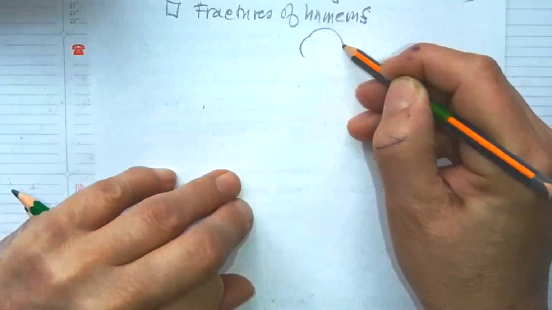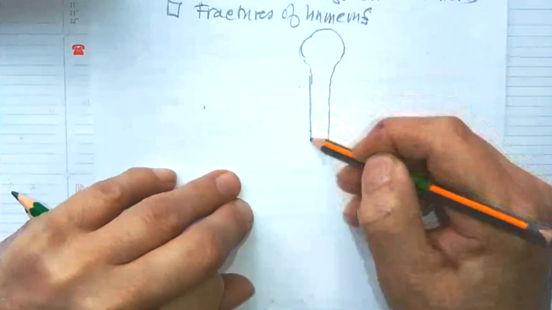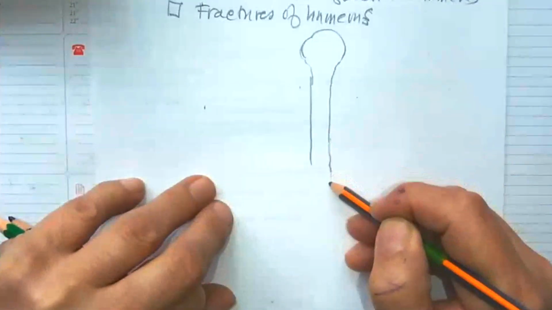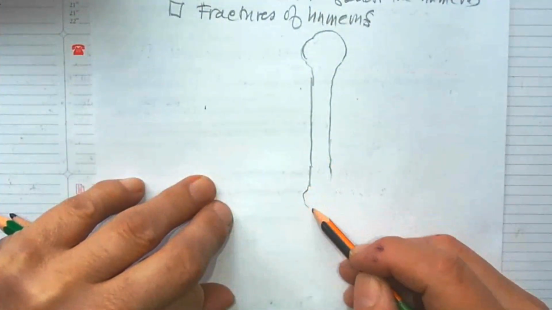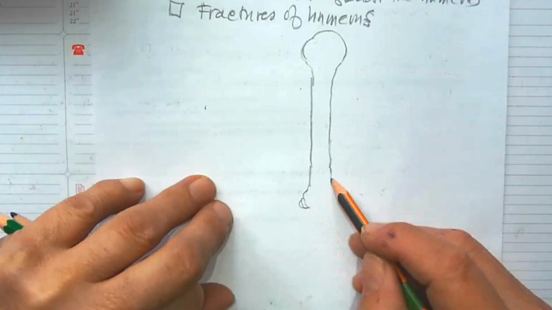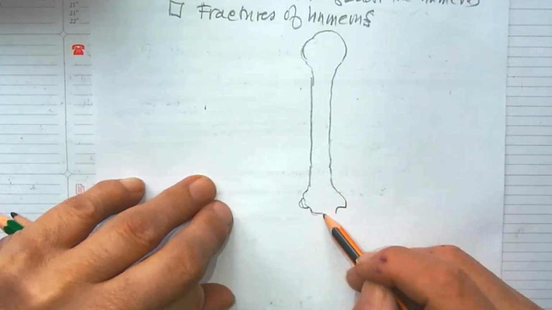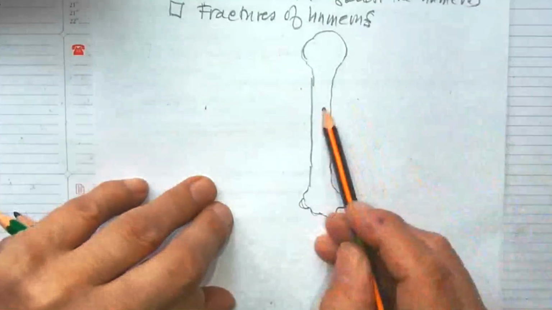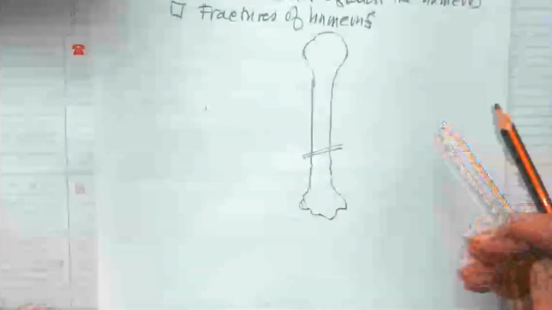I'm just sketching the head of the humerus, greater tubercle, bone shaft of the humerus. Maybe that would be sufficient, so that you see the lateral and medial epicondyle. So this is the medial epicondyle, okay, and then here we have the typical trochlea. I'm cutting it here because otherwise the shaft must be longer.